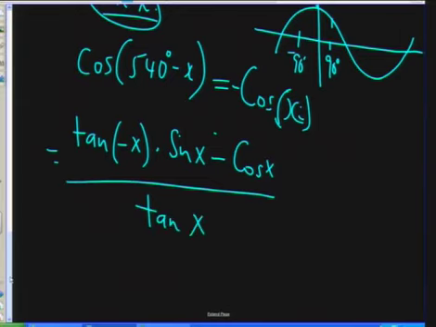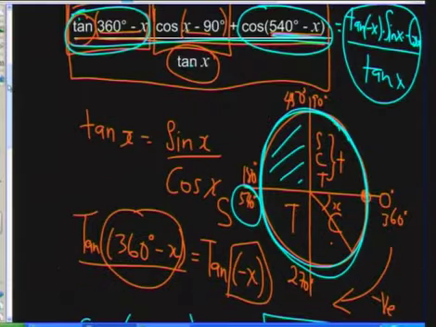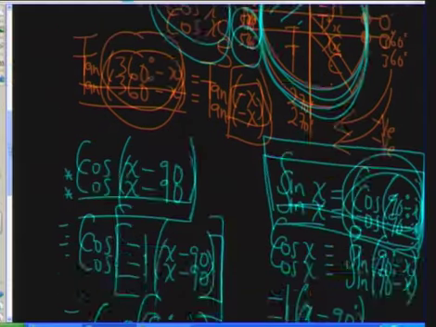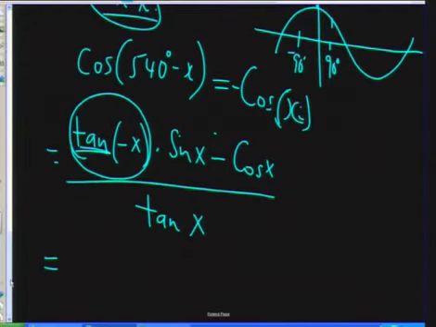That's what we have right now. Next step is to actually simplify tan. Because remember, tan can be written as sine x over cos x. Now, let's do that.